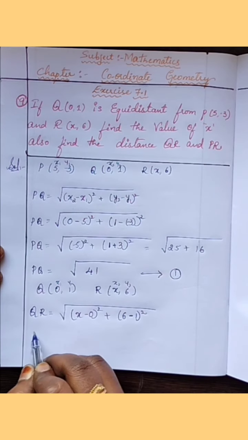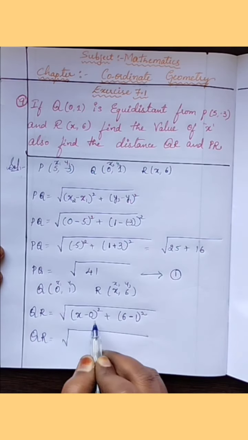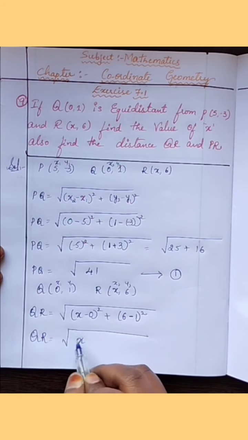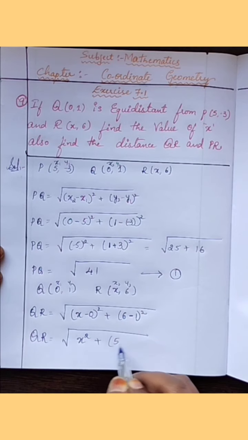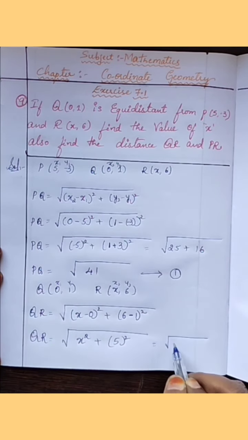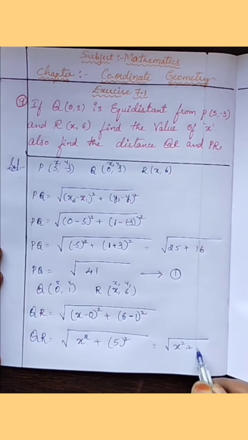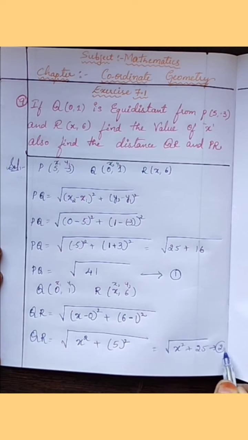Next, QR equal to root of (x minus 0), we get x square, plus (6 minus 1), how much do we get? 5 whole square. Then QR equal to root of x square plus 25. Consider this as equation number 2.